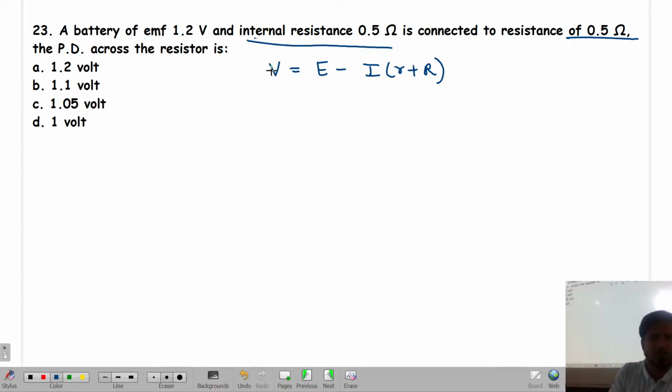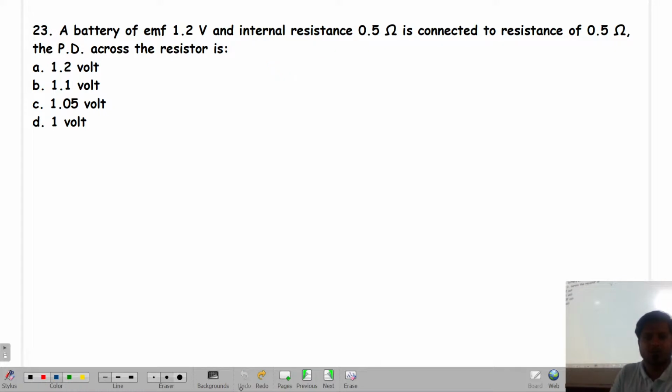So V is equal to EMF 1.2 minus I r. Little problem is there. Current is not given over here. So first you need to calculate one important thing. EMF is mentioned.